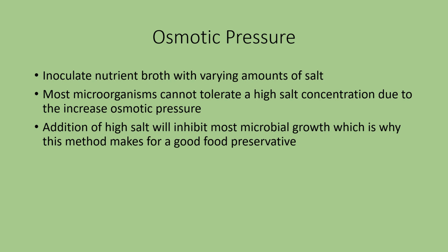Most microorganisms cannot tolerate salt concentrations too high because it increases the osmotic pressure. So for years that has also been used as a means of food preservation, adding salt to it, and then the food will last longer because the microorganisms can't grow in it because they can't tolerate the salt. Why not? Because it interferes with the osmotic pressure.